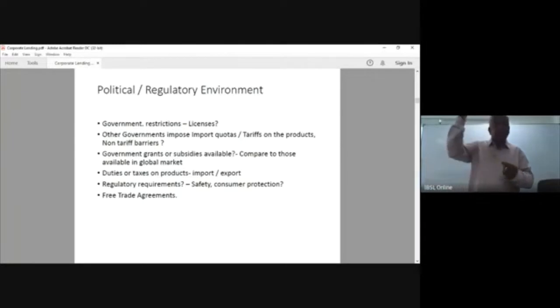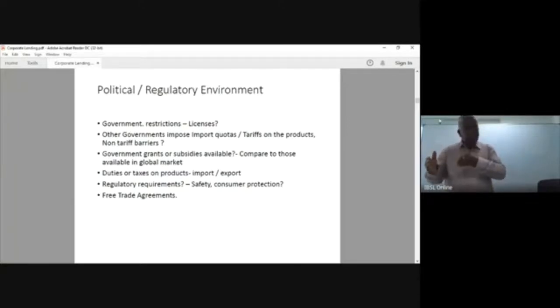Similarly, when you export, in those countries also there may be industries similar to ours. Whether such incentives, subsidies or grants, are there, whether those governments are granting. So that's what government grants or subsidies available compared to those available in the global market.